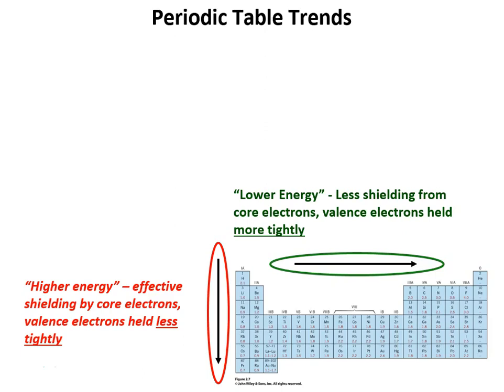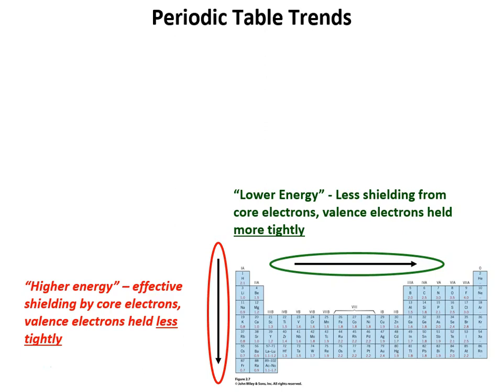Generally, as you go from top to bottom, you are adding electrons in those spherical s orbital probability distributions. So you're adding spherical charge distributions, effectively nesting, like the nested wooden Russian dolls, one outside of another.